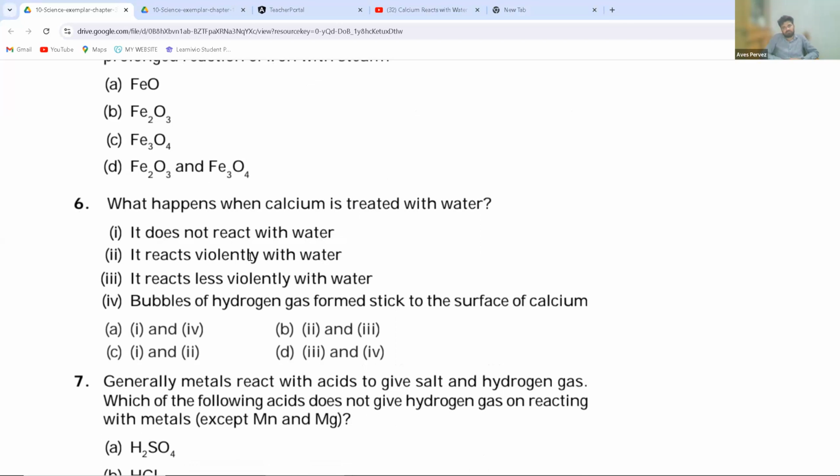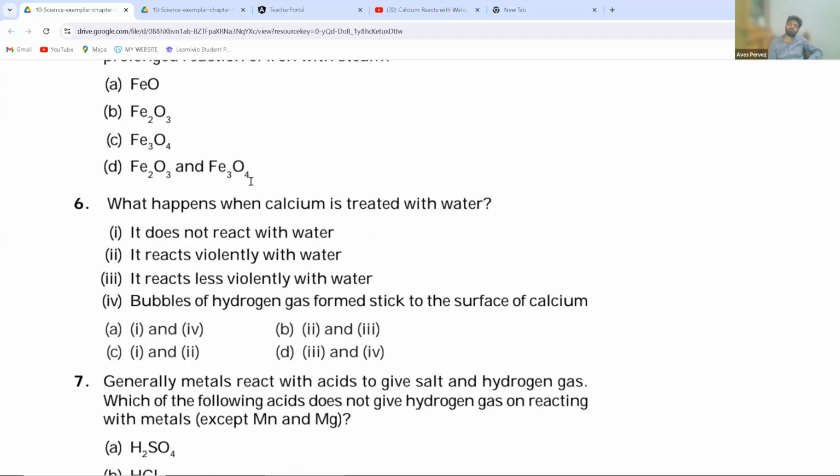Option 3 and 4. B. Option 3 and 4. Yes, it reacts less violently with water and bubbles stick to the surface of the metal. Yes, 3 and 4 means D is the correct option.